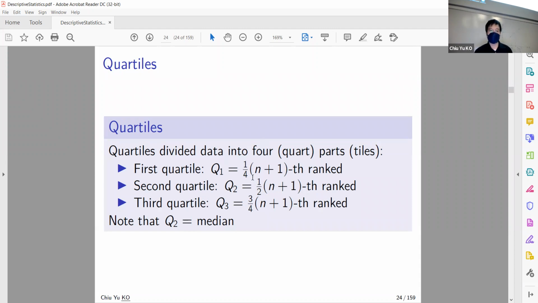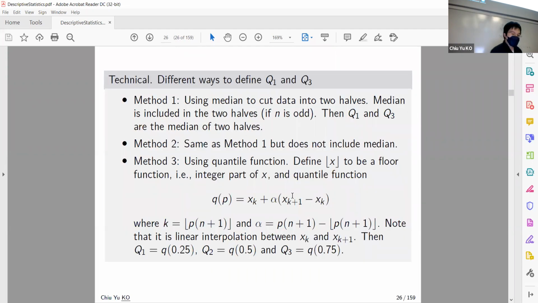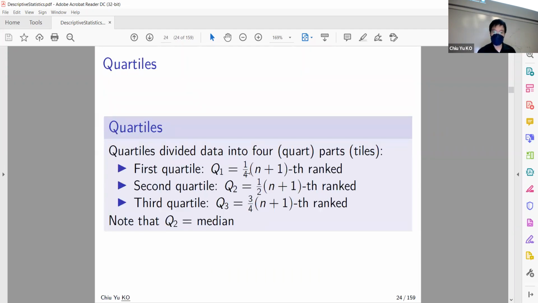Then I just extend this idea: look at the 1/4 of n+1 rank and the 3/4 of n+1 rank data, okay? Remember what we do with the median, look at the picture again. When (n+1)/2 is exactly an integer, we don't have any problem, just pick what we want.